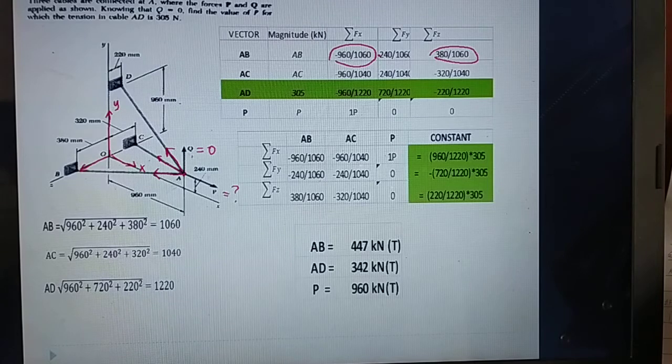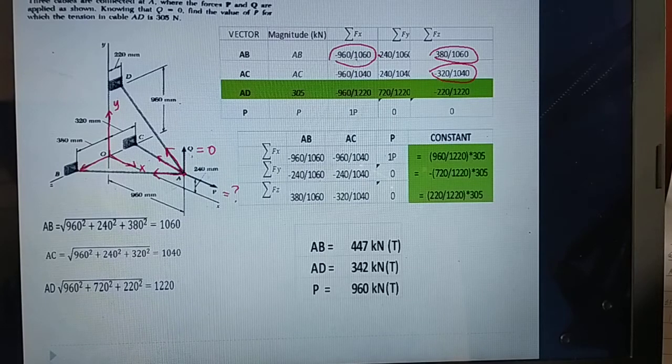For the Z axis, from point O to C, that is away from me, so that is negative 320.